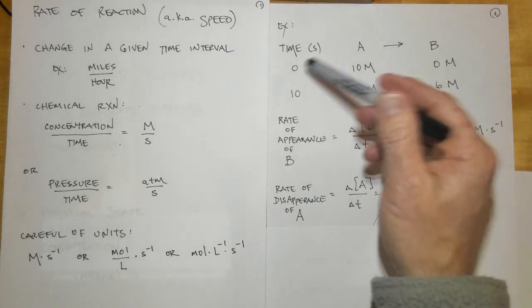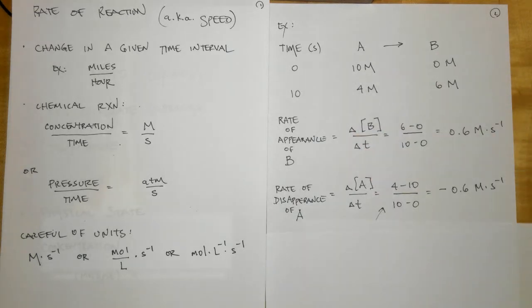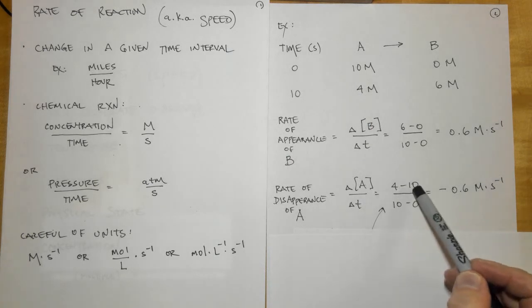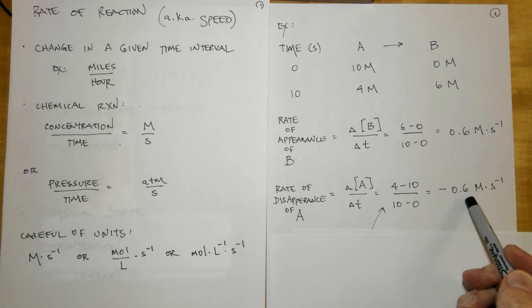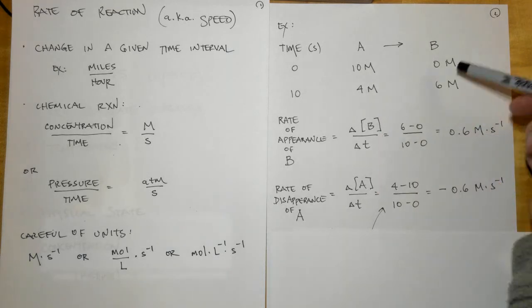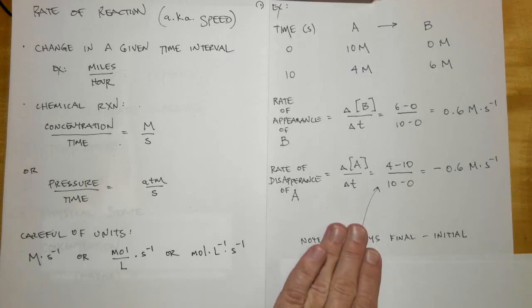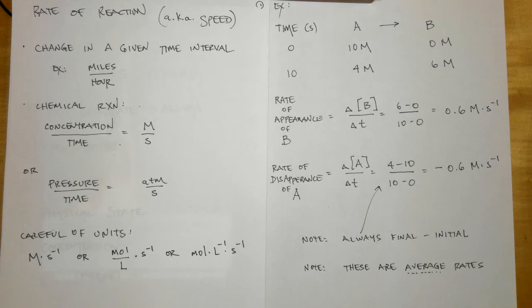And then 10 minus 0, so we'd end up with negative 0.6. The negative sign comes because we always do final minus initial, and so this means it's disappearing from this side, and this is positive because it's appearing over here. Okay? Note, it's always final minus initial when you're doing the calculation, and also know that these are calculations for the average rate.